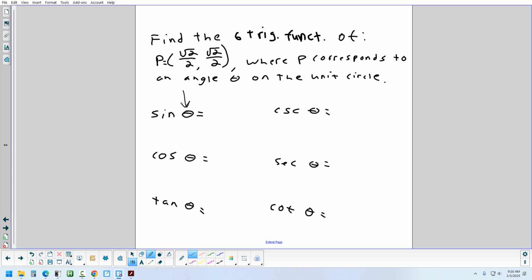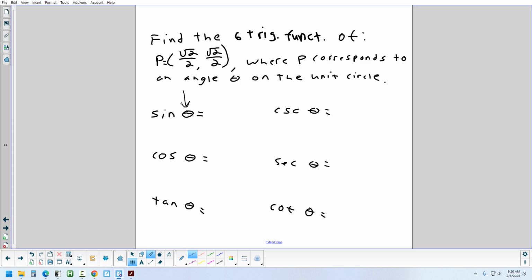So it's definitely not the coordinate for 0. Anyone else have an idea? Yep. 45. That is the coordinate for a 45-degree angle. We don't need to know that it's the coordinate for 45 yet, but you will tomorrow. For now, we know the location, and that's all we need.